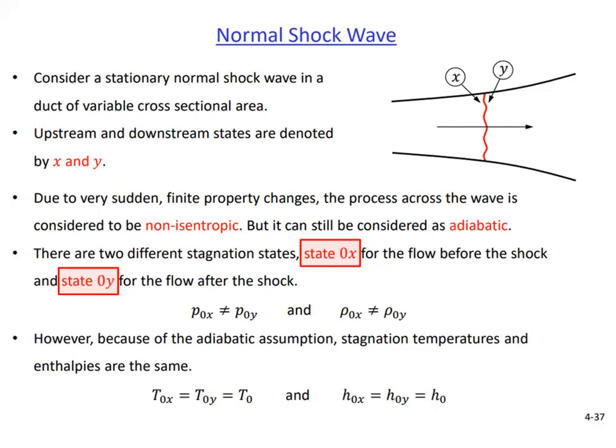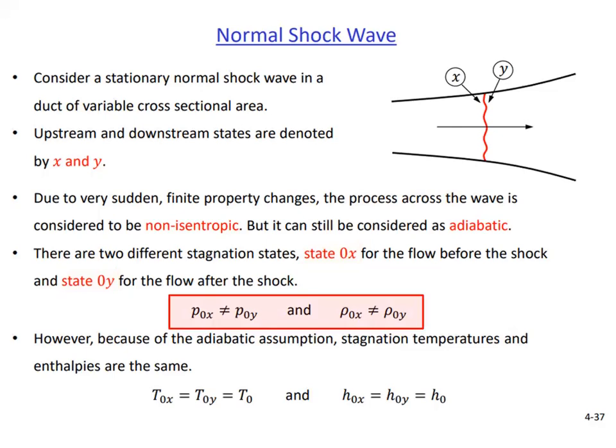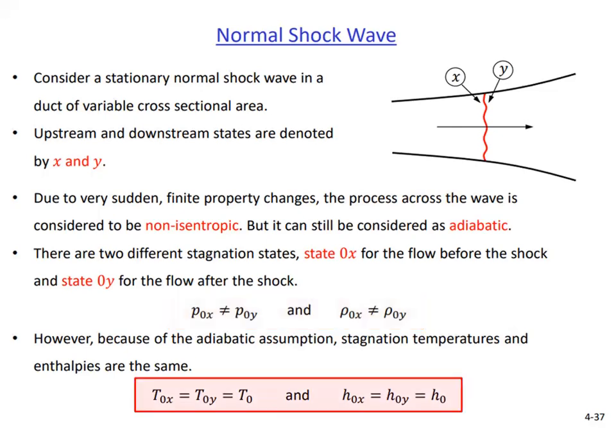They are the stagnation states of the isentropic flows before and after the shock. The properties such as pressures and densities of these two stagnation states are different. But since the whole flow is adiabatic, including the shock, stagnation temperature and the stagnation enthalpy are still unique. It is important to understand this detail.